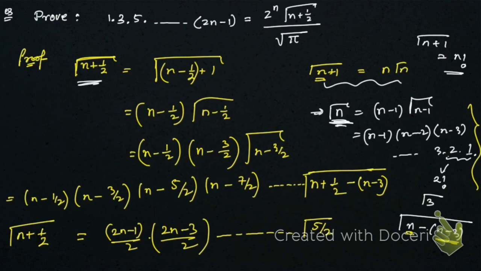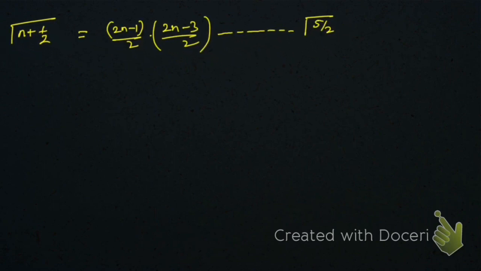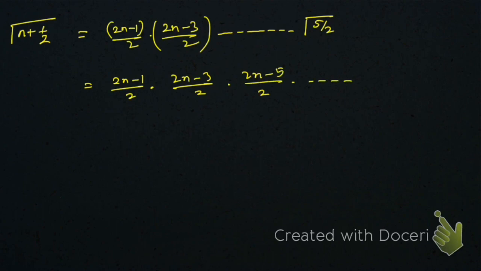So this is the new slide. Here you can see 2n minus 1 into 2n minus 3 by 2 into, sorry, it's supposed to be 5 by 2, and so on.